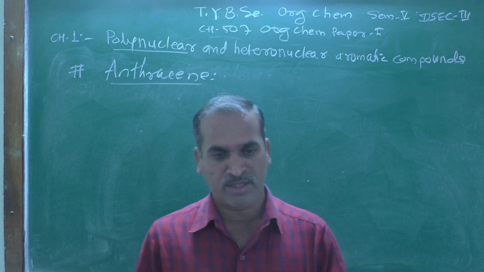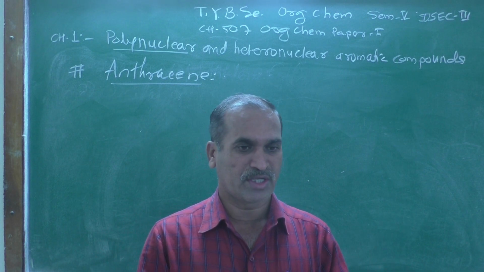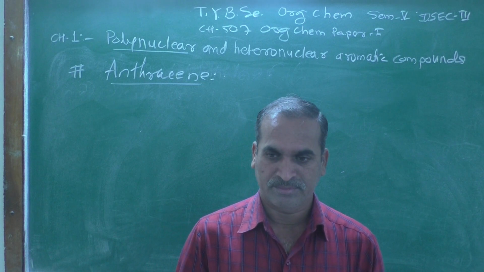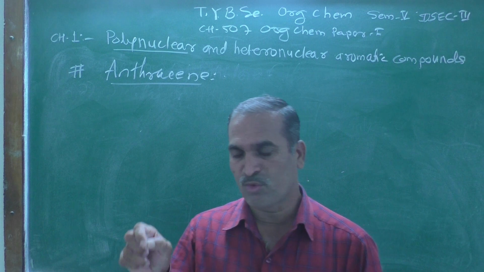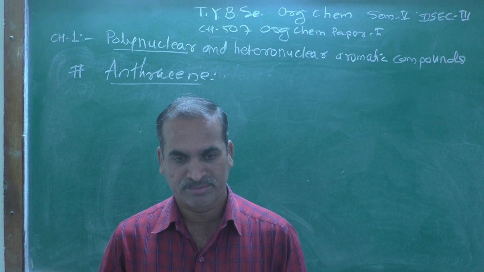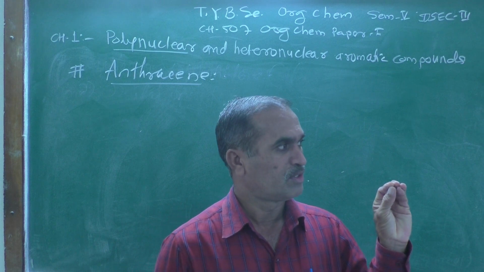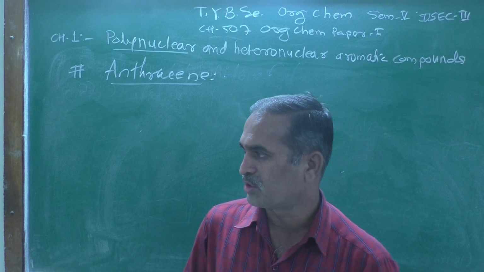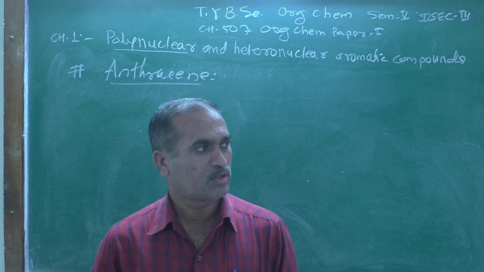Polynuclear means many rings made up of carbon atoms only, with the involvement of only carbon atoms. Then we can call it a polynuclear or polycyclic aromatic compound.